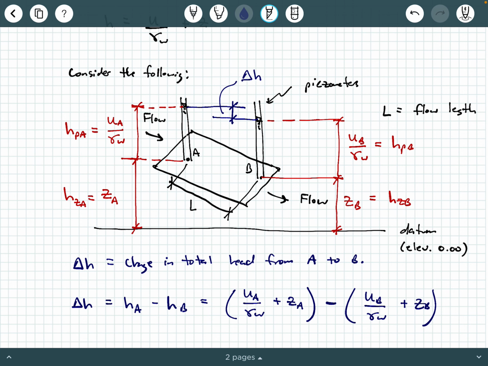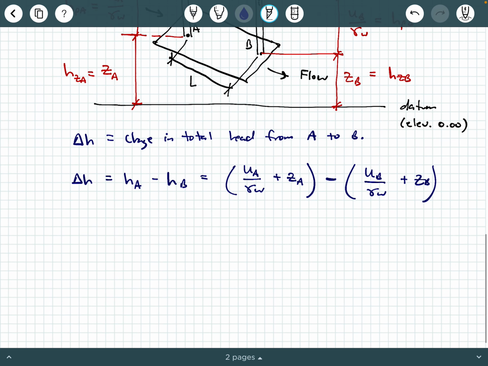All right. Now, the next property we can extract from this is the hydraulic gradient. Okay. The hydraulic gradient is what we call little i from hydraulics and fluid mechanics.